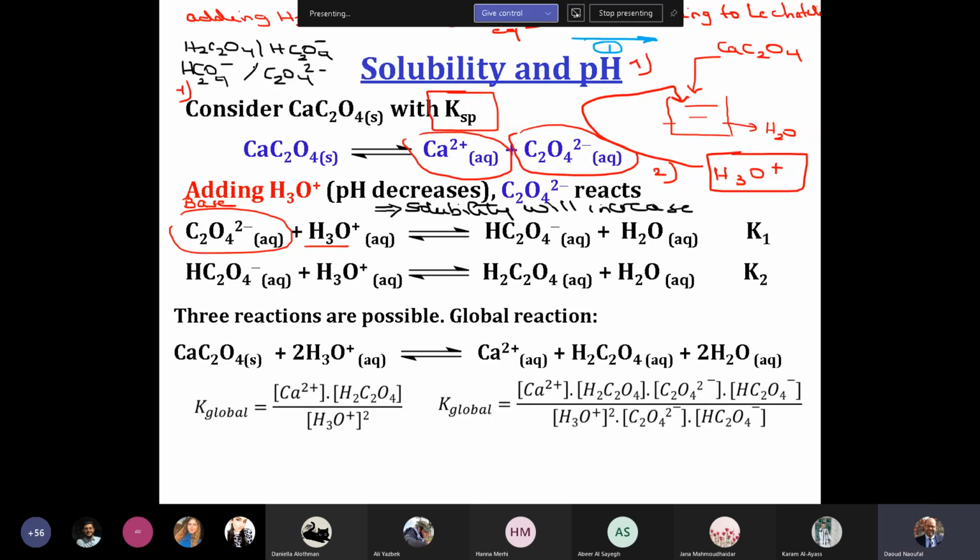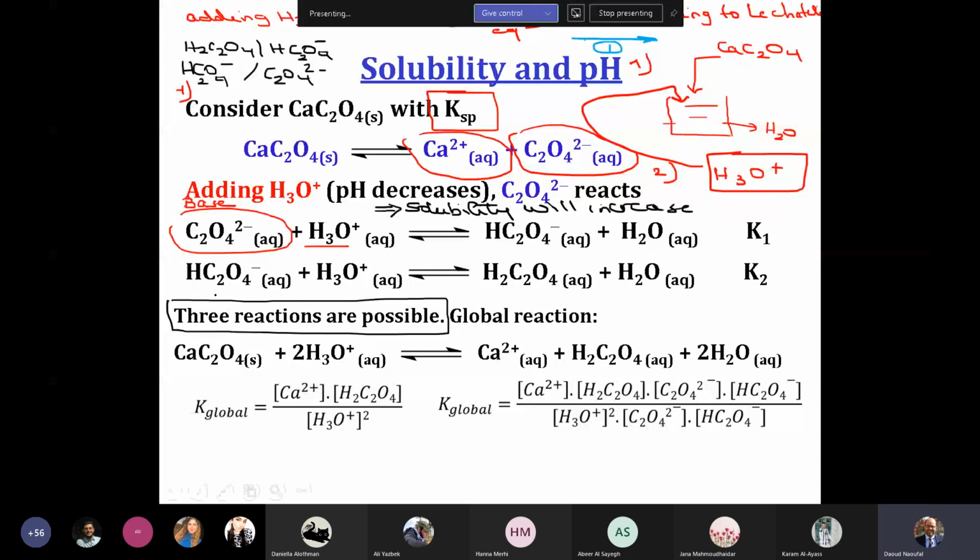As you observe, HC2O4- will play the role of base or the acid. So we have another reaction. C2O4 2- will react with H+ to give HC2O4-, and HC2O4- will react with H+ to give H2C2O4. So we have three reactions.